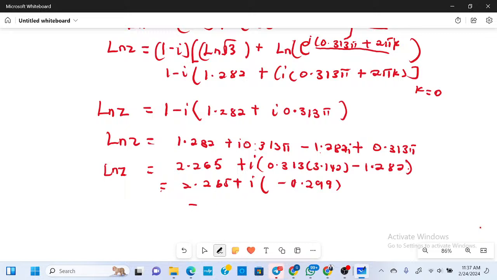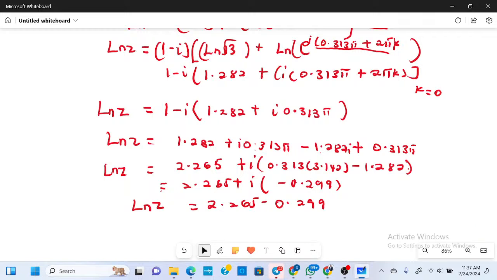So I have ln z equal to 2.265 minus 0.299i.